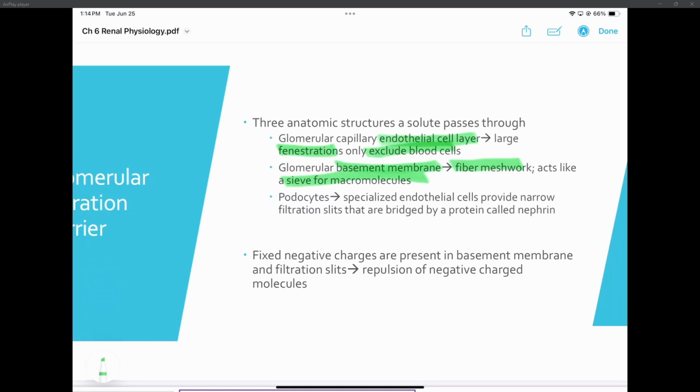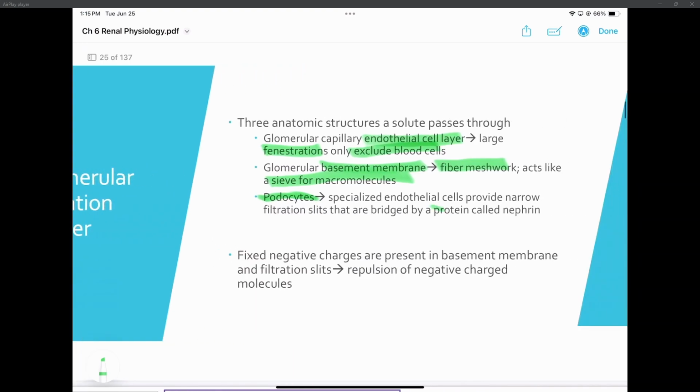It's just a sieve, a mesh, and only certain size particles can get through. We also have podocytes here as well, connected by a protein called nephrin, and they form these little slits. Just like in the blood-brain barrier, they have podocytes there to allow certain size molecules to get through.